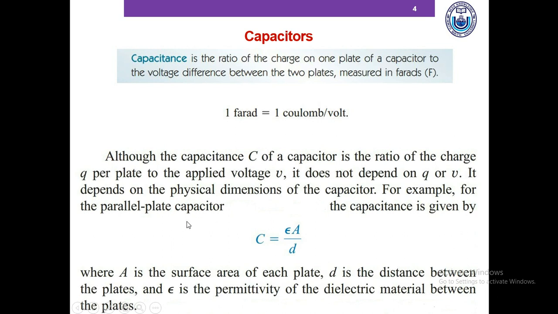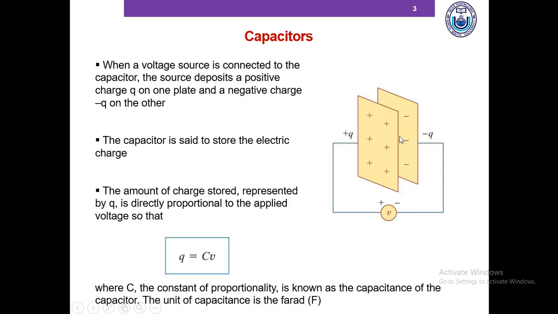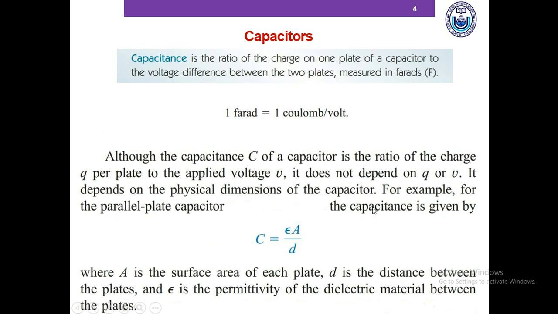So for a parallel plate capacitor, the capacitance is given by this equation. This is an example of a parallel plate capacitor. There are two plates separated by a dielectric. So this is the expression for a parallel plate capacitor. As you can see, there is no Q or V in the equation.